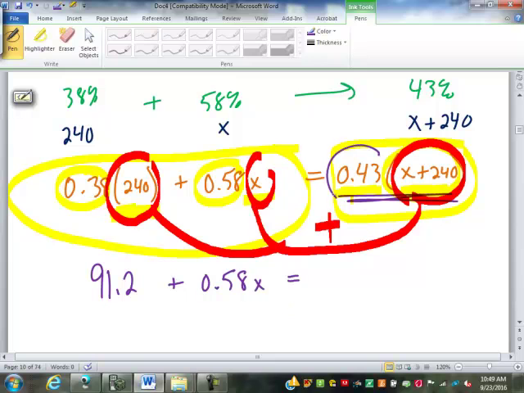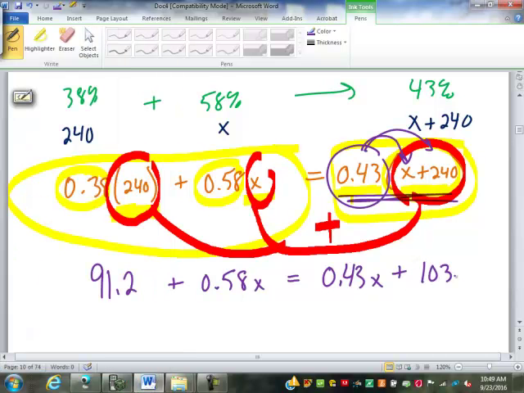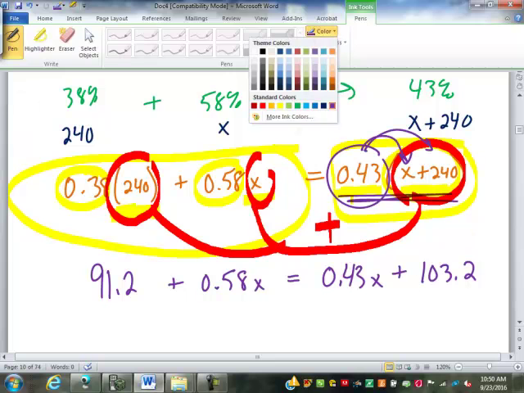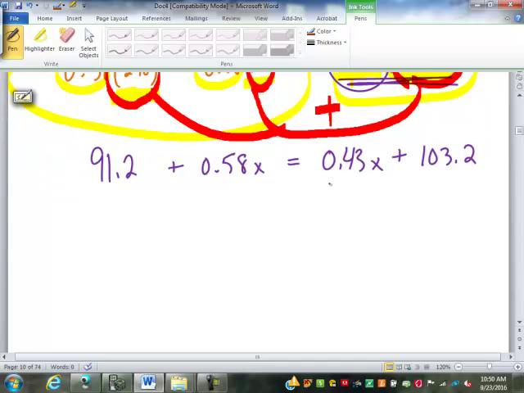Over here we've got to distribute through the parentheses. 0.43 times x is 0.43x. 0.43 times 240 is 103.2. Now we're solving. We're going to get rid of one of the x's.